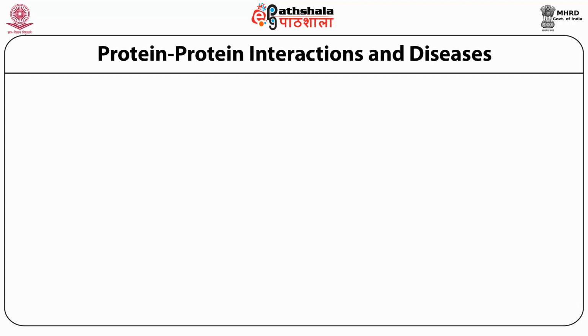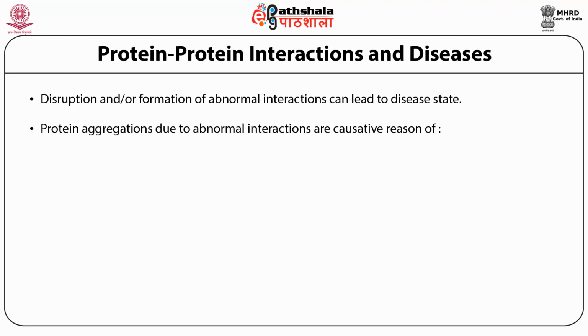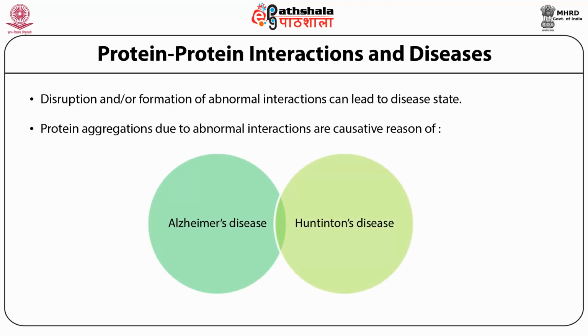Protein-protein interactions are very important for cellular processes, and disruptions in protein-protein interactions have been linked to diseases, both the disruption as well as the formation of abnormal interactions. For example, in Alzheimer's disease we have amyloid plaque formation, or in Huntington's we have the Huntington proteins aggregating together.